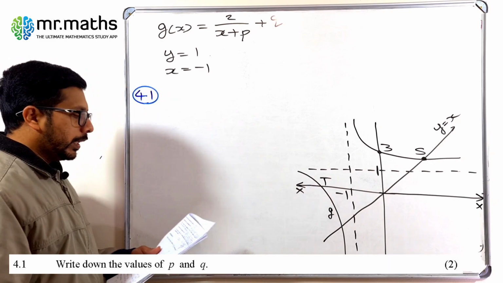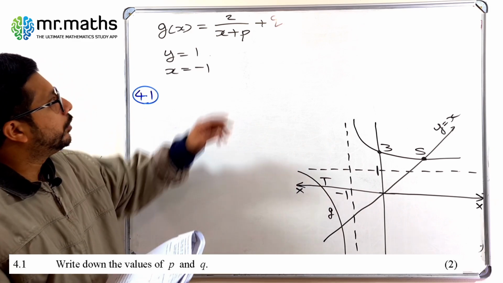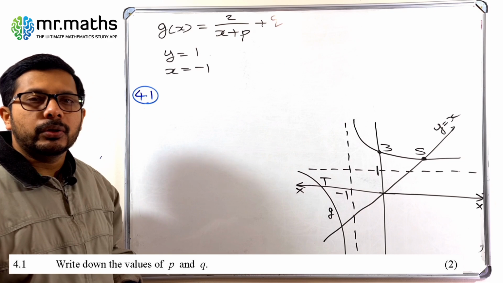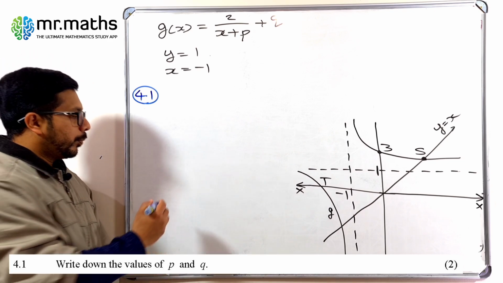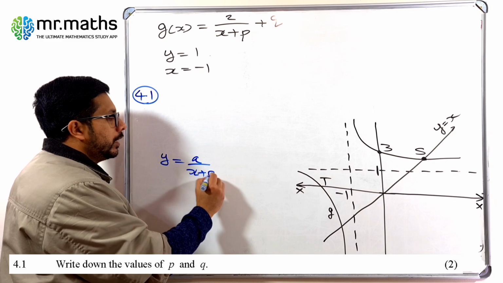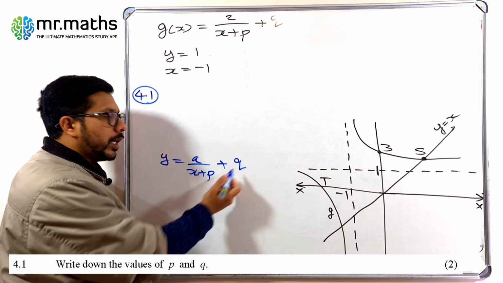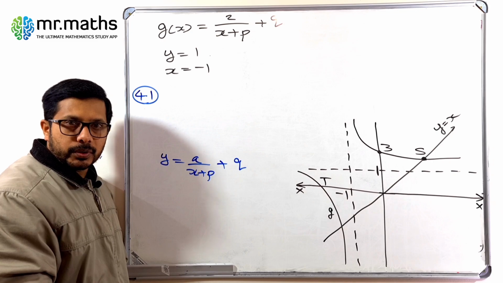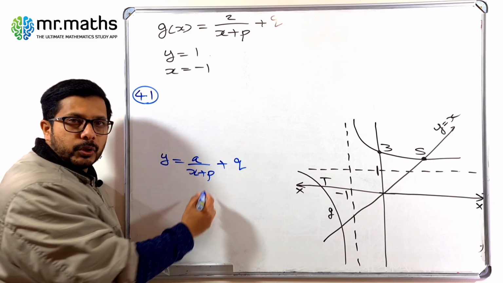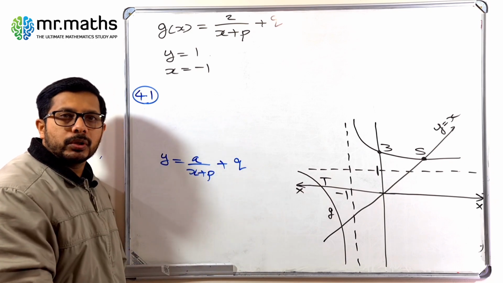4.1 is: write down the values of p and q. Which ones are p and q? This is p and this one is q. You know that in a hyperbola y is equal to a divided by x plus p, plus q, what do p and q stand for? The asymptotes. p is the vertical asymptote, and q is the horizontal asymptote.